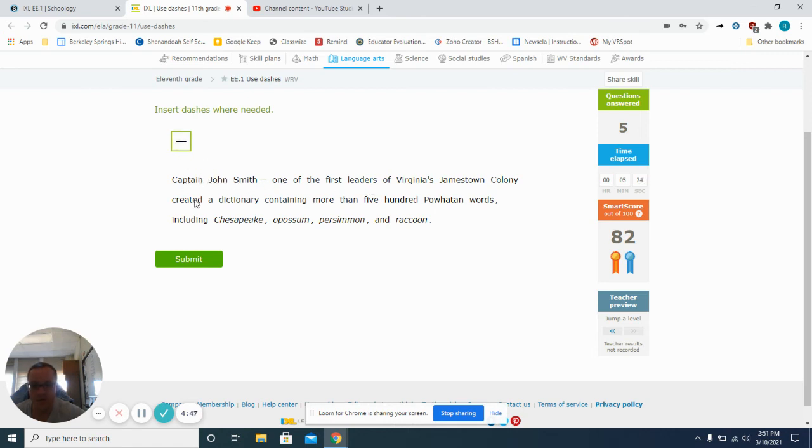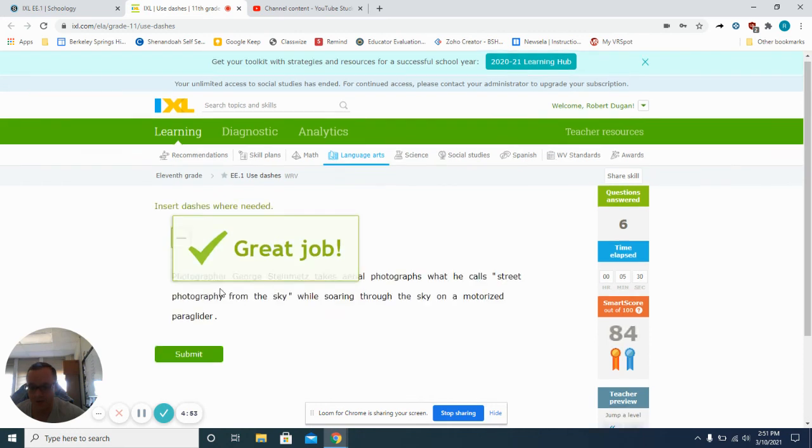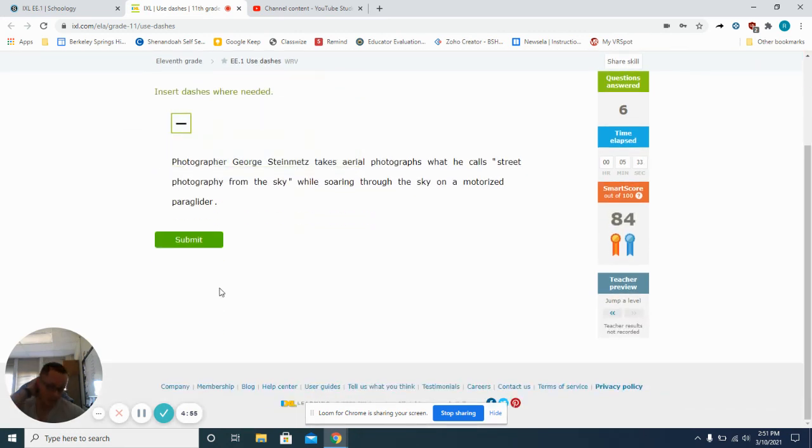And because that extra information needs to be set off from the rest of the sentence, we're going to have two dashes. And that was the first example where we've had two dashes. Photographer George Stamets takes aerial photographs, what he calls street photography from the sky, while soaring through the sky on a motorized paraglider.